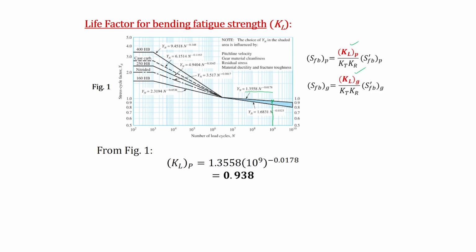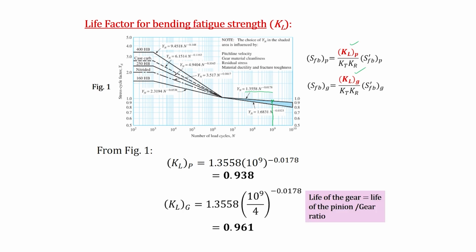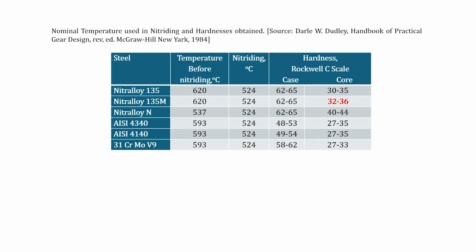So, the life factor for the pinion is 1.3558 times the required life 10 to the power 9 to the power minus 0.0178. For the case of gear, the life required will be the life of the pinion divided by the gear ratio. Gear ratio is 4, and so the life factor for the gear is 0.961.